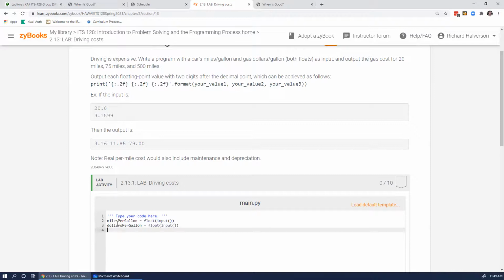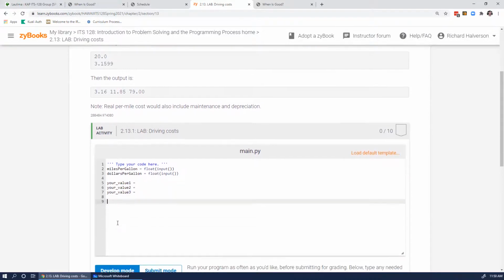And so those are the two inputs, and then we're going to compute your value 1, I'll just call them that. We're going to compute your value 1 equals something, and we're going to do your value 2 equals something, and your value 3 equals something.